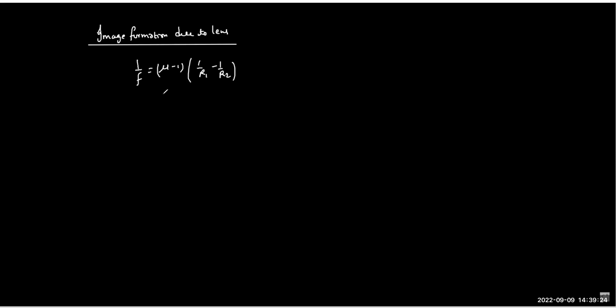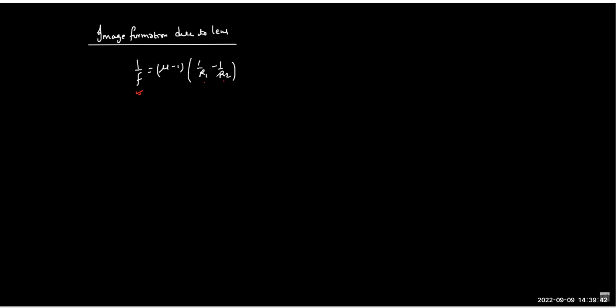So either they will give you the focal length, or they will give you the R1, R2, and mu value. So the end goal is that you should be able to calculate.